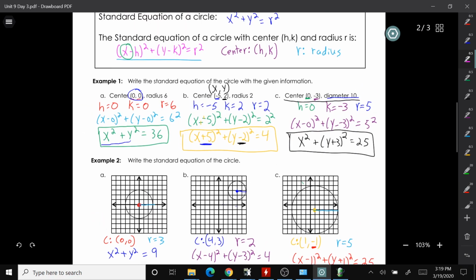If there's only one thing you're going to get from this video, it's got to be this part: knowing the equation of a circle, being able to write one from the information, like in example 1, and then being able to write one from a graph. Tomorrow we're going to work on actually drawing and graphing these. So really focus on this part, and ask me questions if you need help.